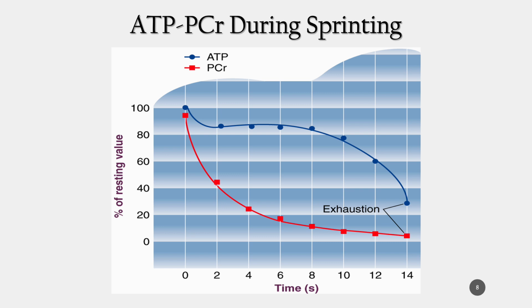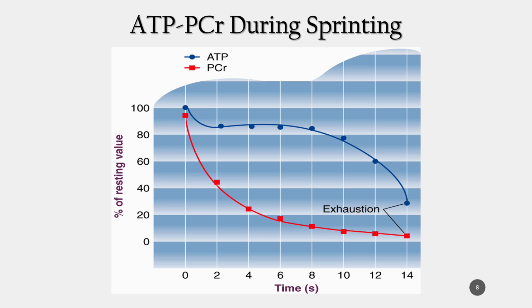ATP PCR during sprinting. What is happening? We know during a sprint we get exhausted, but why? We lose energy. As ATP gets broken down, we also are losing that phosphocreatine, which is the high transfer, or the ability to transfer those high energy phosphates to ATP. So if we don't have phosphocreatine, we can't transfer ATP anymore.